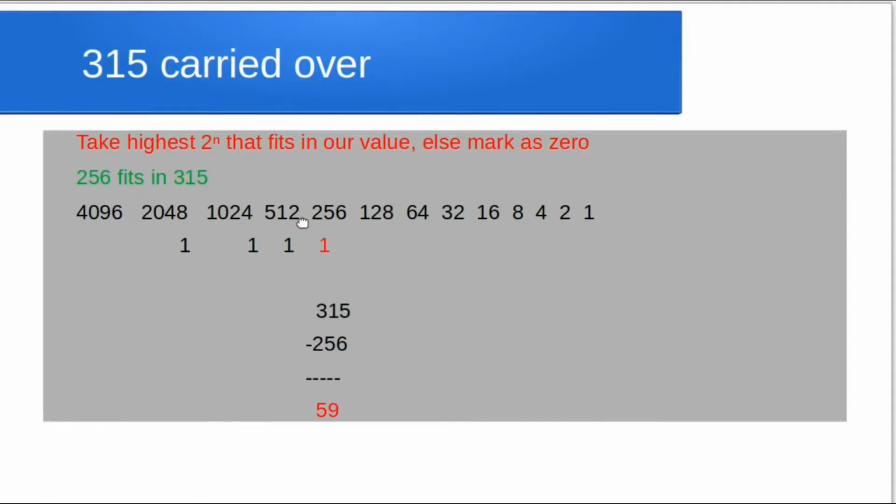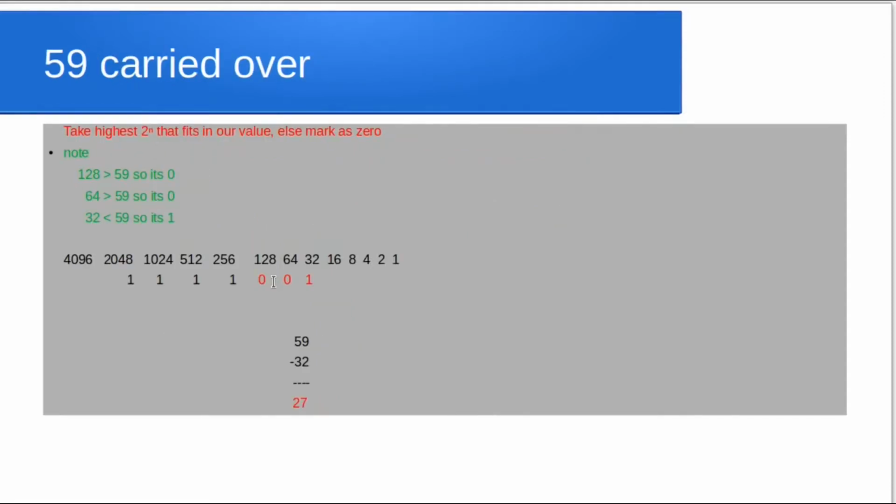We carry over 315, and 256, which is our next binary power here, fits into 315. So 315 minus 256 gives you a remainder of 59. So we mark the 1 there, and we got 59 left. Now we carry the 59 over, and now see what happens here.